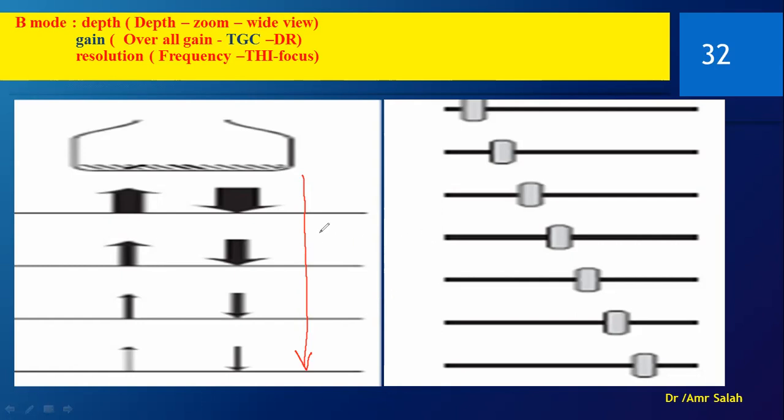So in order to compensate for this weakness, it is advisable that you set your TGC in a step ladder manner. Okay, so as we go downward, we will increase the brightness gradually to compensate for the weakness in the waves, so that will give us a more or less balanced image.